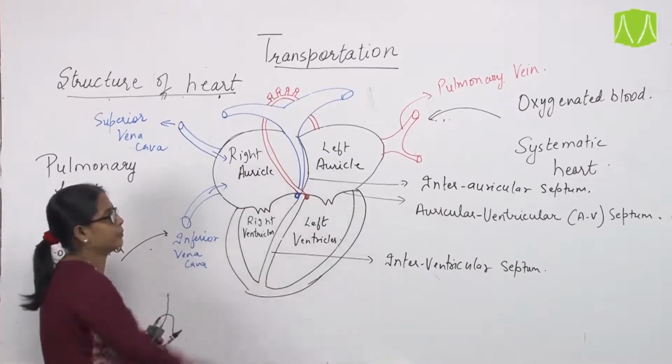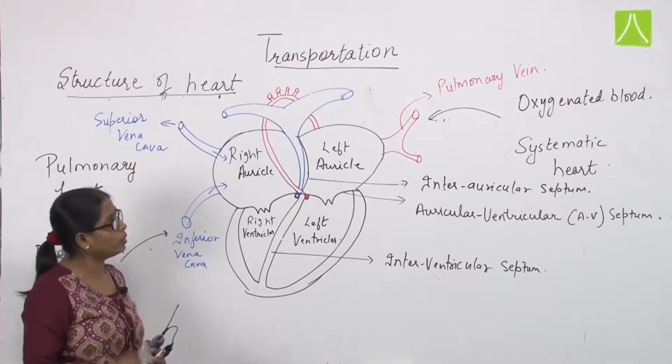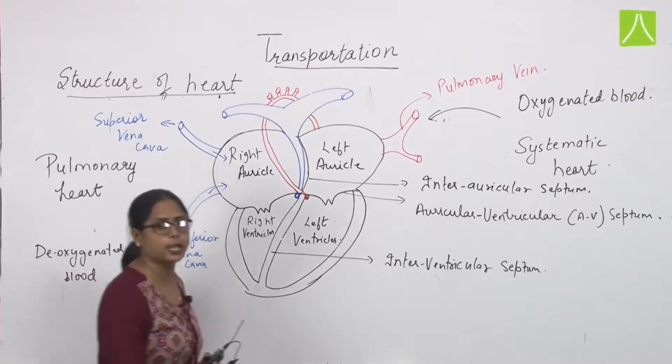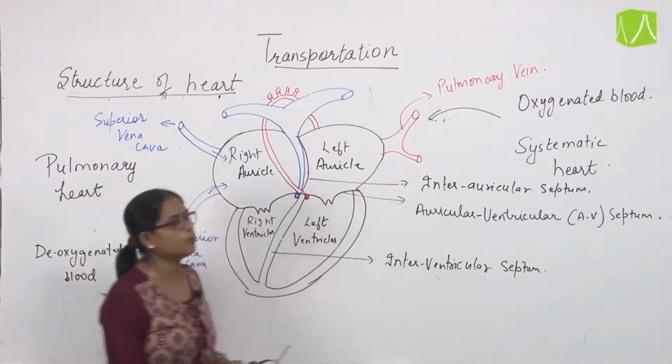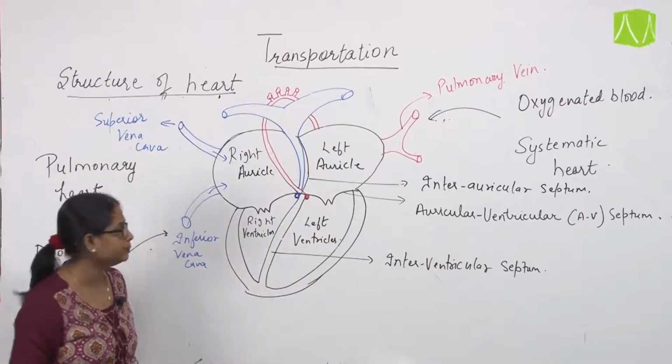This is the main exception in veins, the only exception, that it is carrying oxygenated blood from the lungs to the left auricle, although veins always carry deoxygenated blood.